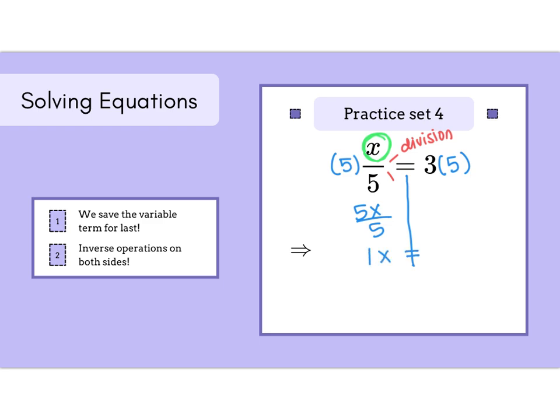And then 3 times 5 on the right is going to be 15. And I'm just going to bring that down here. And as we said before, that 1 you don't necessarily have to write for the x. So I'm just going to rewrite that as x equals 15. And that is my answer.